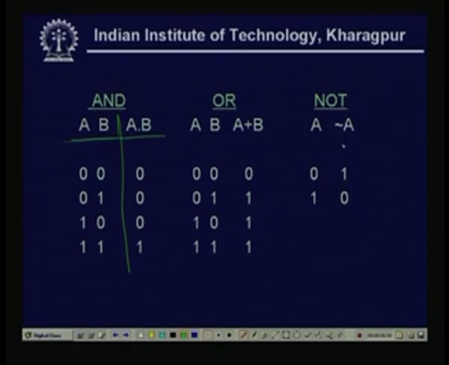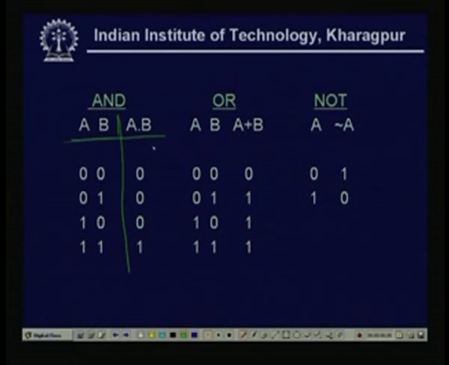So, just now we have defined the algebra: the set of elements A and B, the set of operators plus and dot, and the rules we have just discussed. We form A dot B, A plus B and the negation of A, or the complement of A, and then we actually get the AND gate, OR gate and NOT gate.